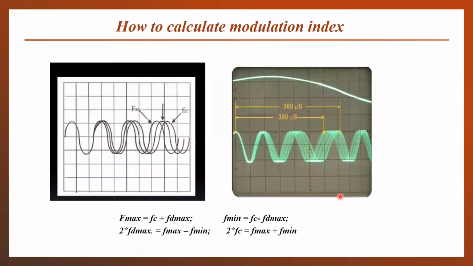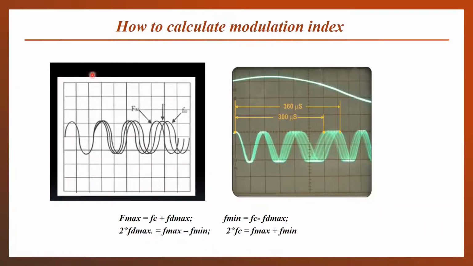Now, we have observed the waveforms in our CRO, and the second work is to calculate the modulation index from the observed waveforms. We have observed the FM modulated waveform and the demodulated waveform. Through this FM modulated waveform, we have cycles with different time periods, and we have to calculate the modulation index.